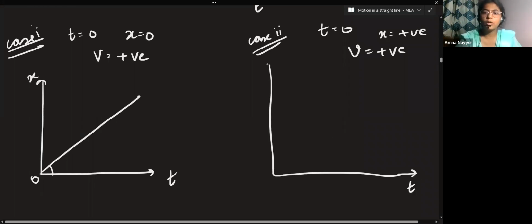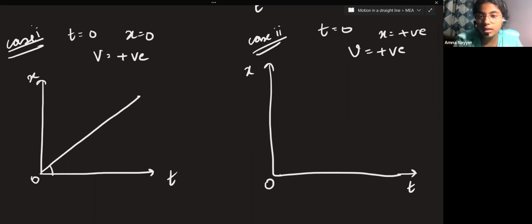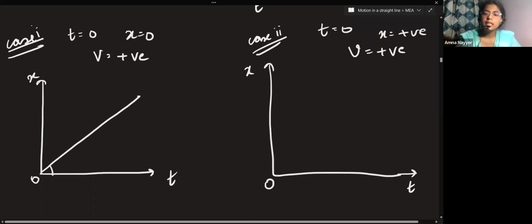So first tell me, Aram, will the graph start from origin according to you? This is T, this is X. Should the graph start from origin, yes or no? Yes. Why? Because X is not 0. Got it, Aram? This point means X is 0, T is 0.